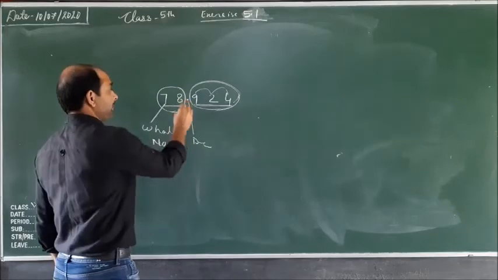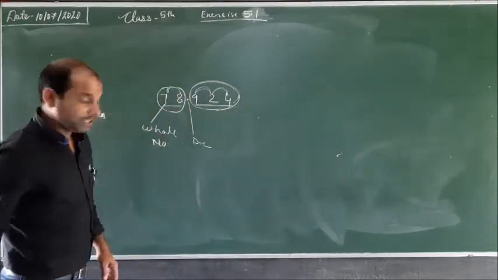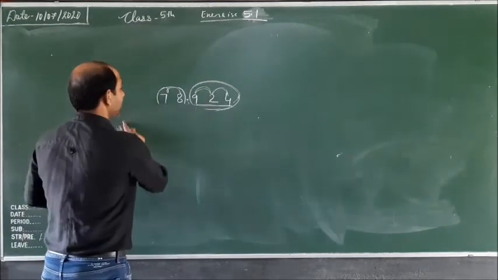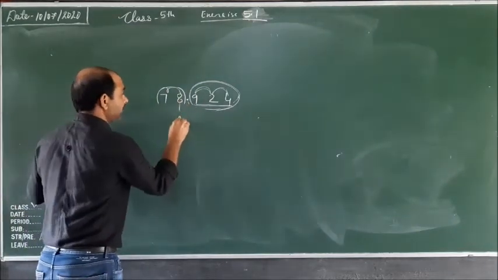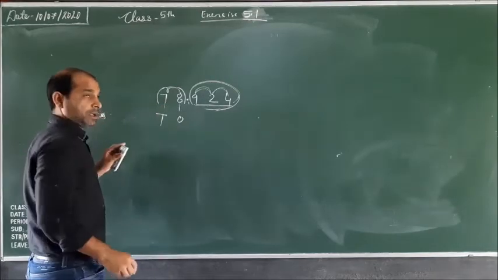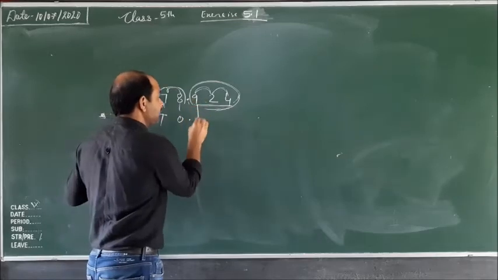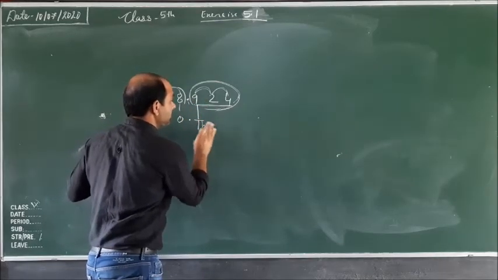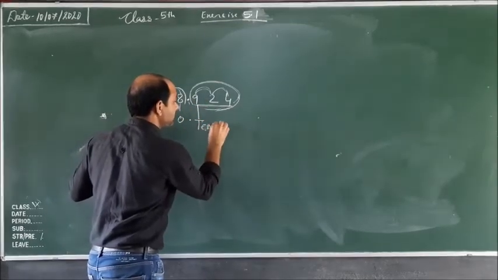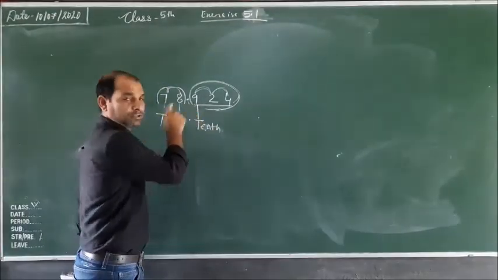And what is the place of this number and this number? The place of this number is ones place, this is tens place, but this is decimal, and this number is in the tenth place. We start with the tenth place.